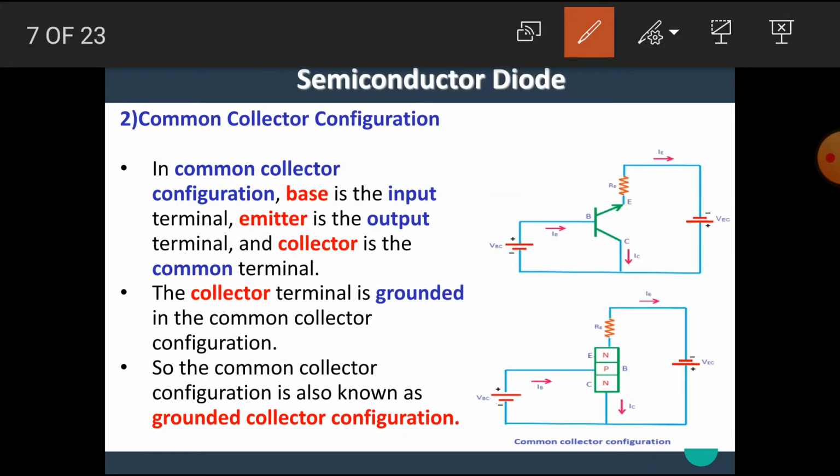The base current or the input current is IB and the emitter current or the output current is IE. The collector terminal is grounded in common collector configuration, so the common collector configuration is also known as grounded collector configuration.